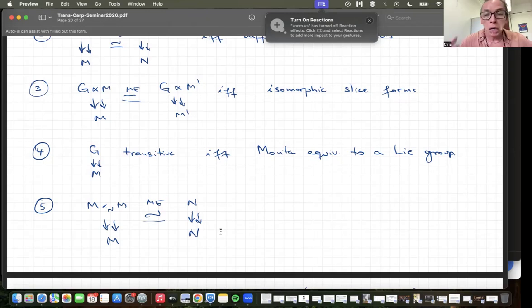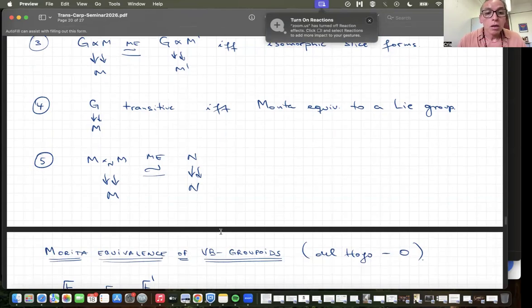So the question that came to my mind was: we know that Lie groupoids up to Morita equivalence are related to differentiable stacks. So maybe if one looks at Morita equivalence of VB-groupoids, one could say something about vector bundles over stacks.